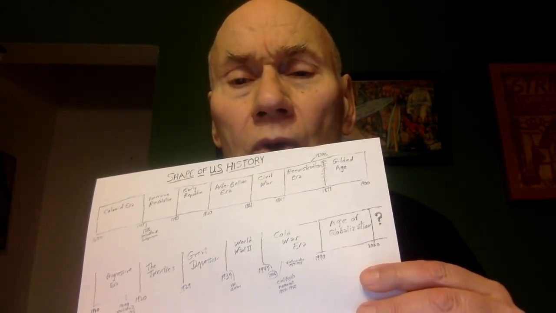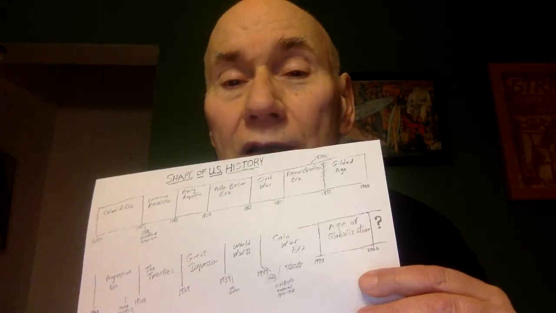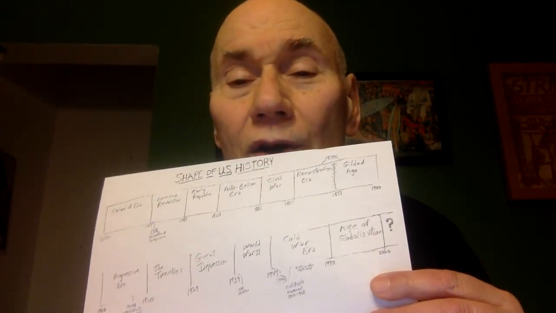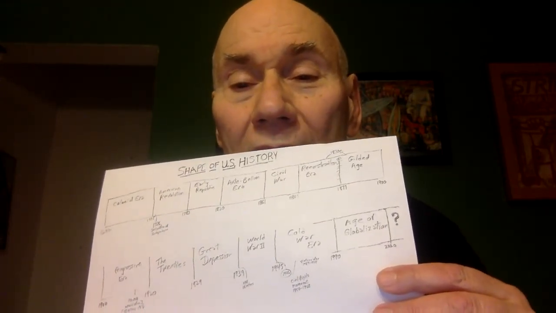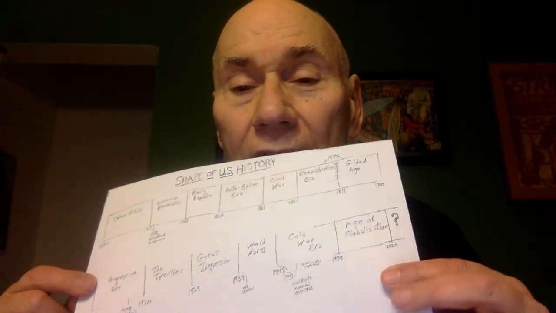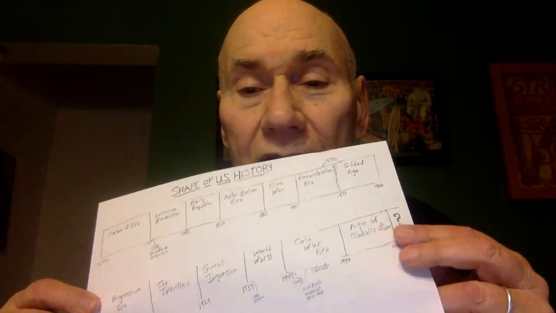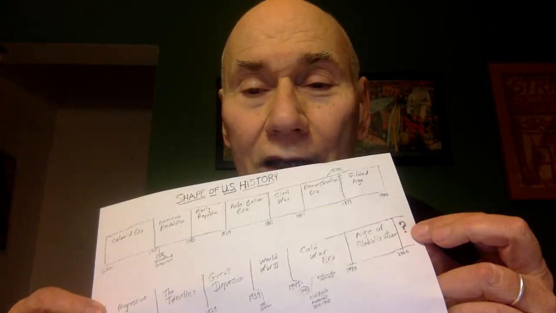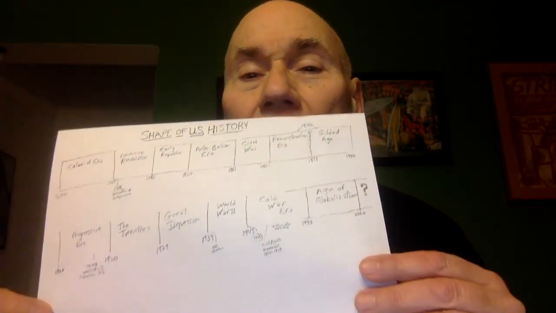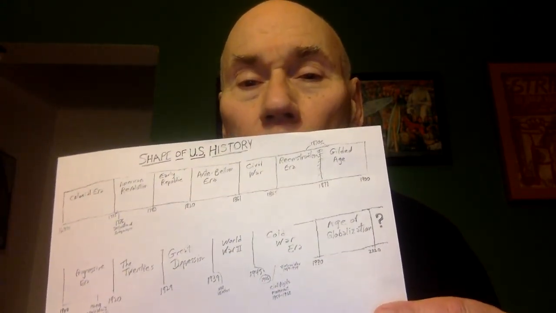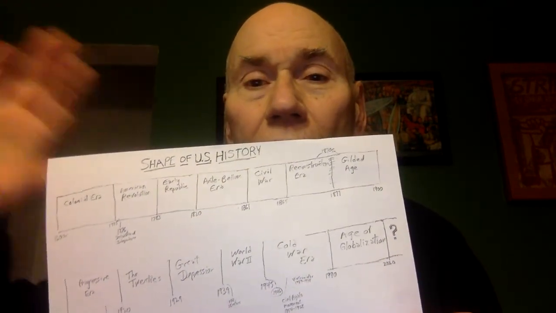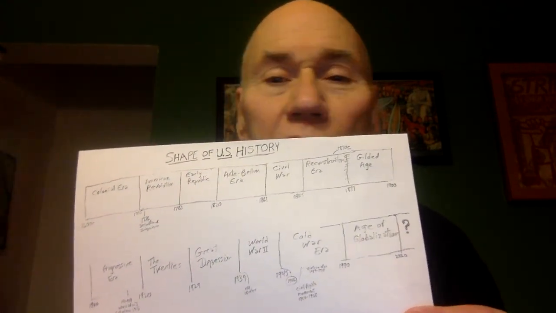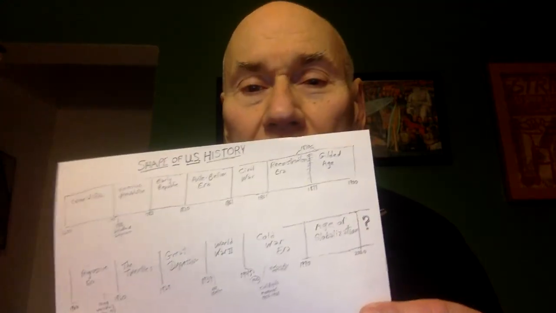Most of you were born in 1990 or the 1990s, early 1990s, and you were born in what I would call a new period of time after the end of the Cold War. I'm going to use the term the age of globalization, and some historians are starting to use that term. And then afterwards, I think we are now entering a new phase, and I don't know what to call it yet. But in any event, this, I think, can be helpful as we try to make sense of the grand sweep and swirl of American history.